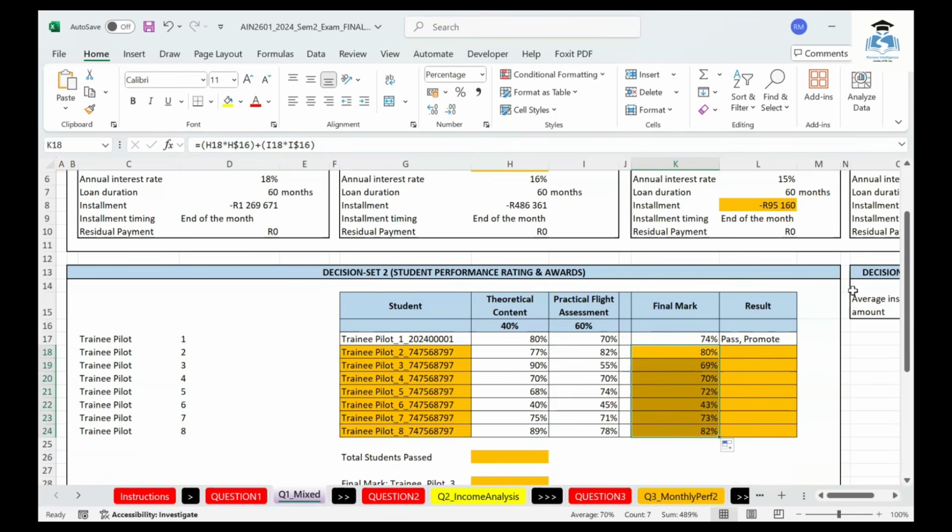So the reason I advise you to start by just dragging here and then look at this one is so that it gives you the guide to know whether you are supposed to put the absolute reference on the row or on the column. But also remember what I said last time: when you are dragging down, what's going to change are the rows, so you have to go and change the rows.